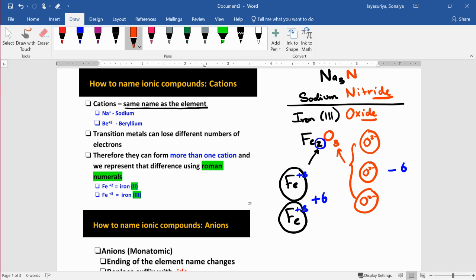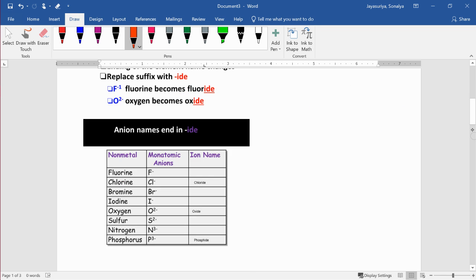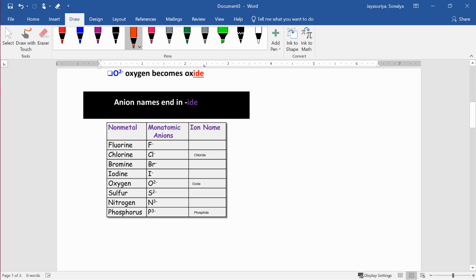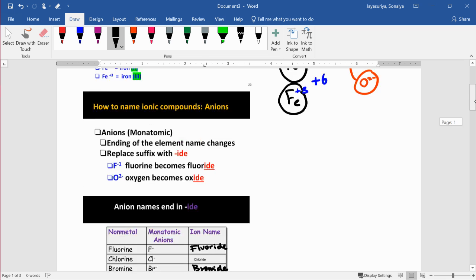Sulfur becomes sulfide, fluorine becomes fluoride, chlorine becomes chloride, bromine becomes bromide, iodine becomes iodide, oxygen becomes oxide, nitrogen becomes nitride, and phosphorus becomes phosphide. Very easy, just change the ending to "ide."